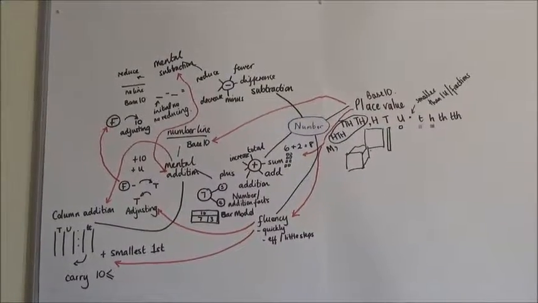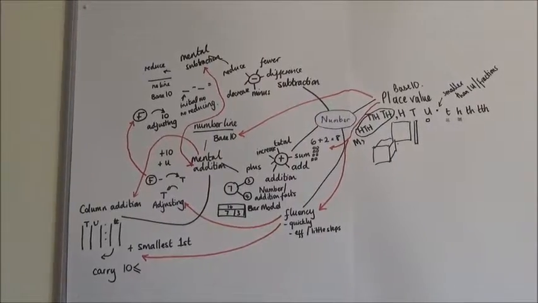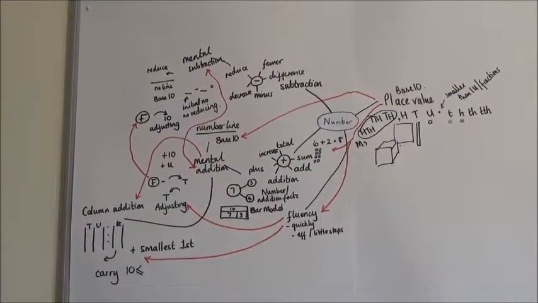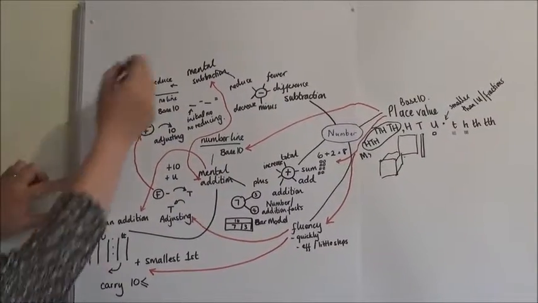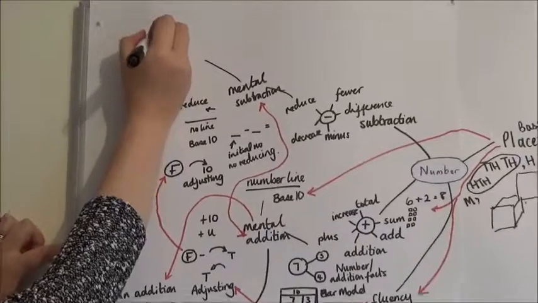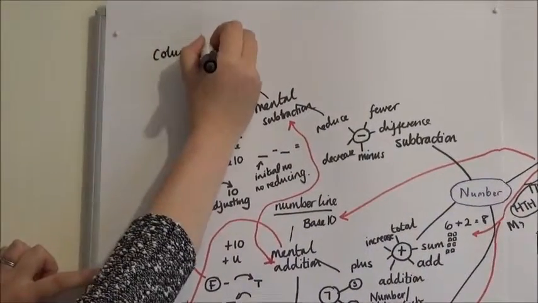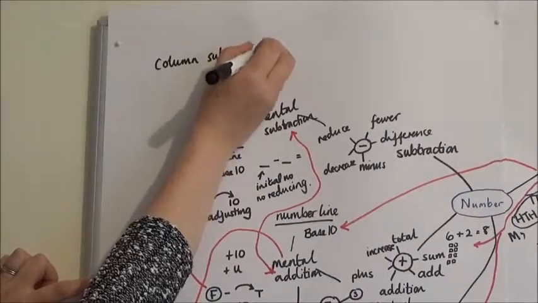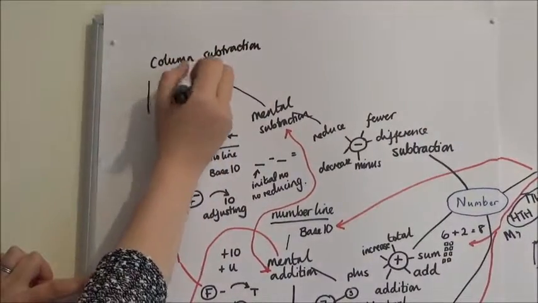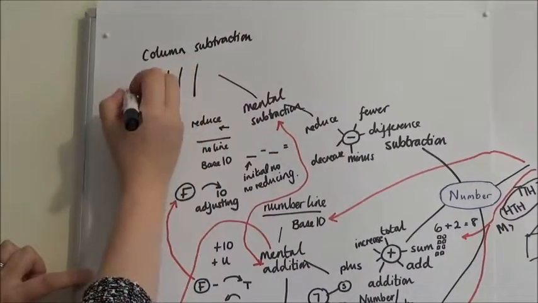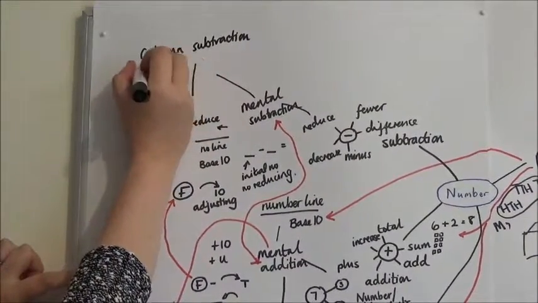So let's add our new understanding to our number mind map. It's starting to get a bit more confusing, this mind map, but we understand it at least. So we've gone from mental subtraction to column. We put everything in columns. We also helped by lining up our place value positions.